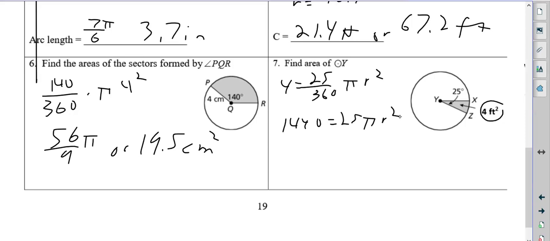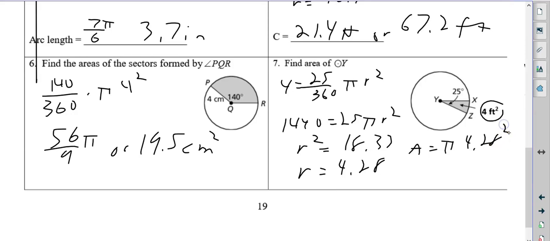And you're going to get r squared equals 18.33, rounded. Square root that, the radius is 4.28. Now, we just needed the radius to be able to do area equals pi r squared. So 57.5 square feet.